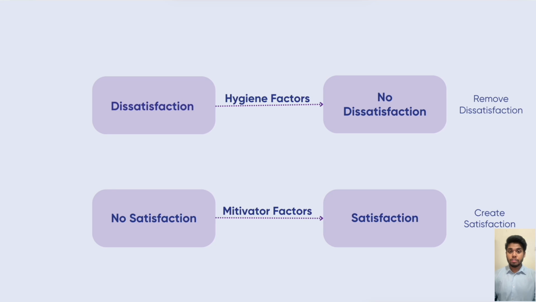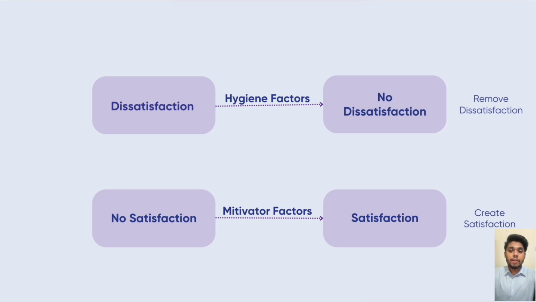This whole two factors theory is actually based on the hygiene factors and motivator factors. The first one, hygiene factors, actually remove the dissatisfaction in the followers or the employees. And the other, motivator factors, create the satisfaction in the employee's mind.